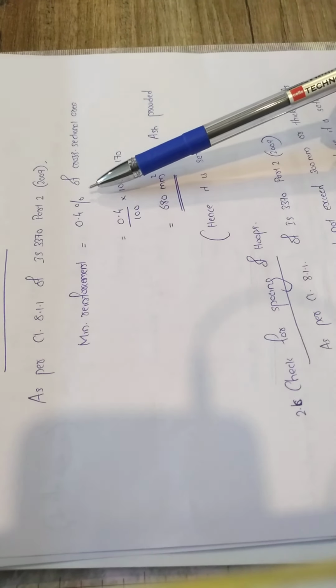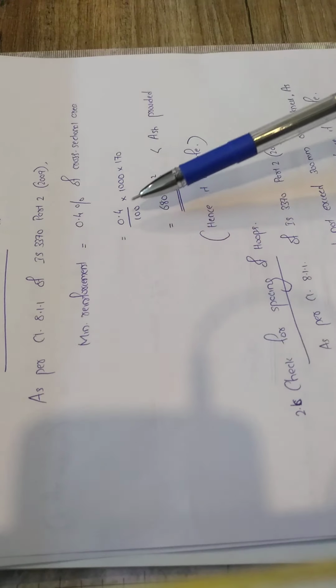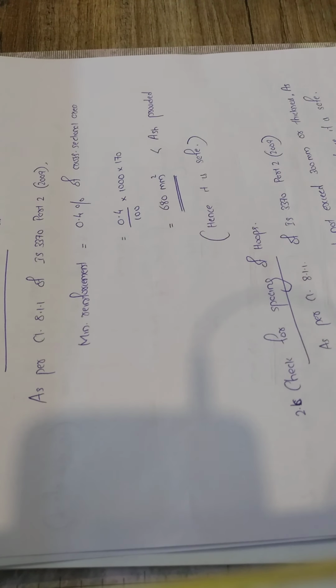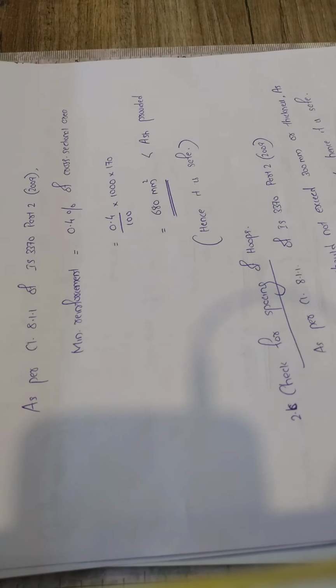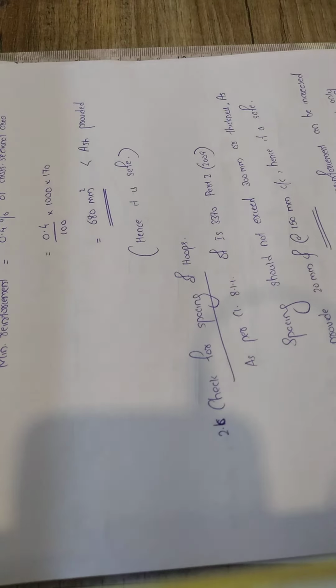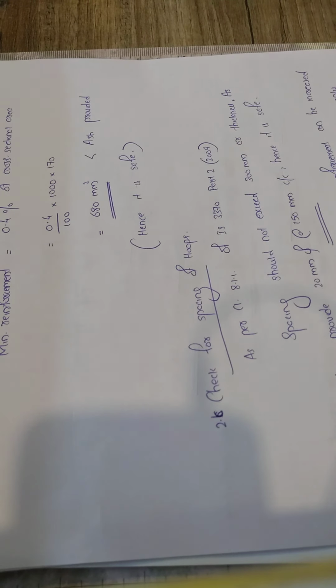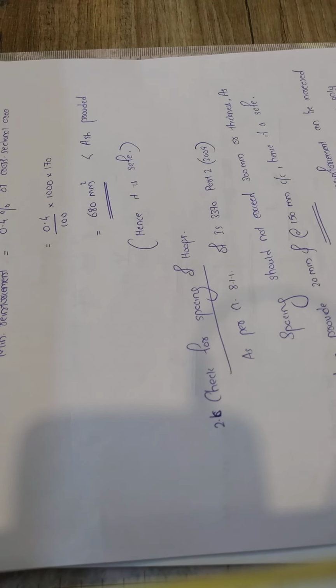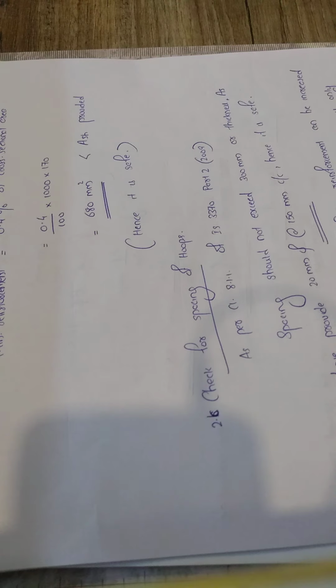You can always refer to IS 3370 part 2. So it is 0.4 divided by 100 into 1000 into 170, the cross-sectional area, and what we are getting is 680 mm square. So the AS is less than the ASH provided; ASH provided is around 2093, and here we are getting only 680 mm square, hence it is safe.